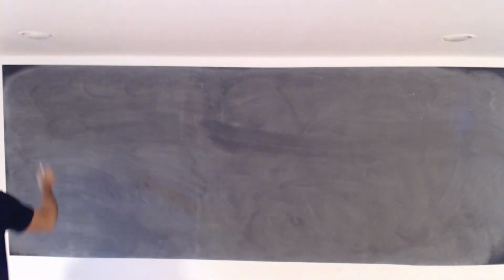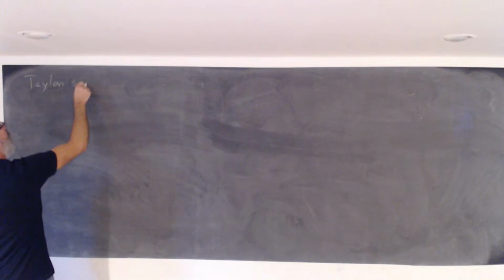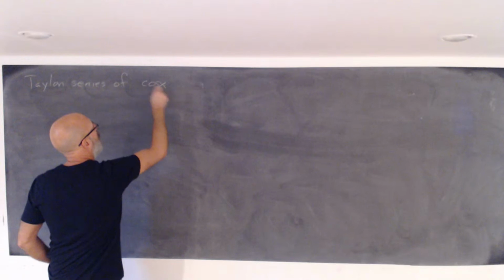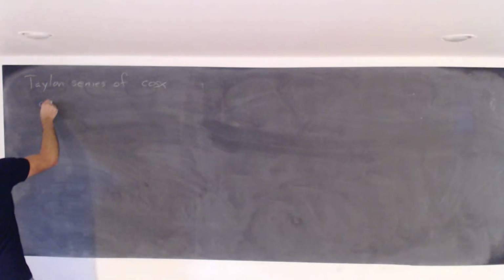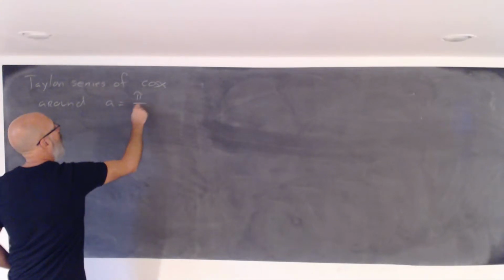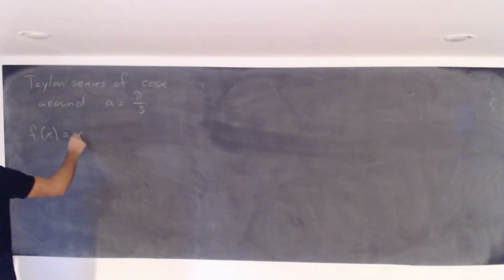Let me not give it to you. There's something that can be done with that, but if you're looking at Taylor series of cos x around pi over 3, right, you know what to do.